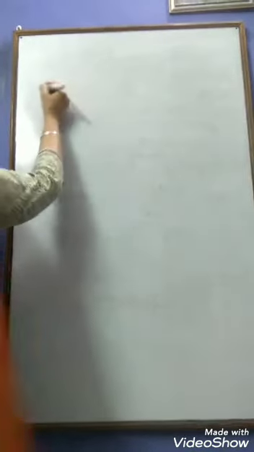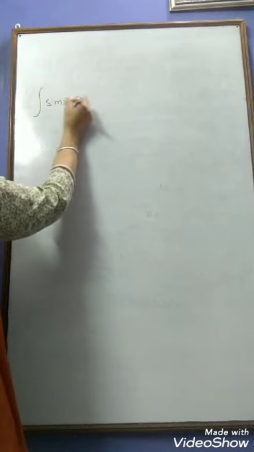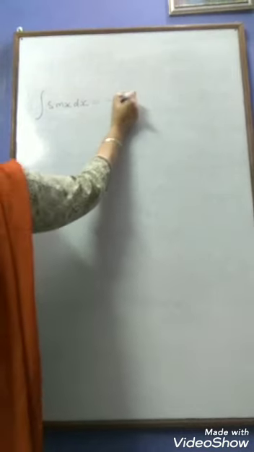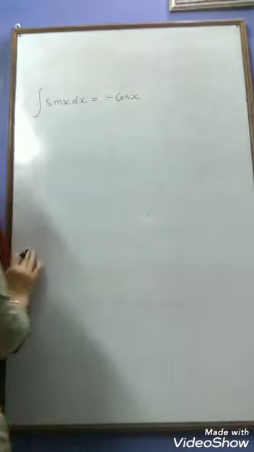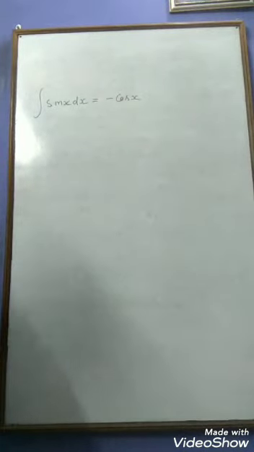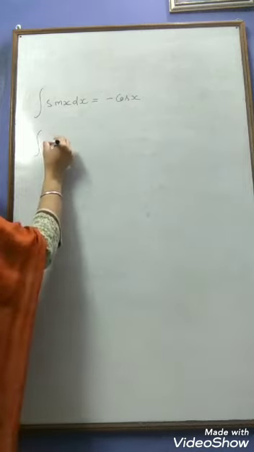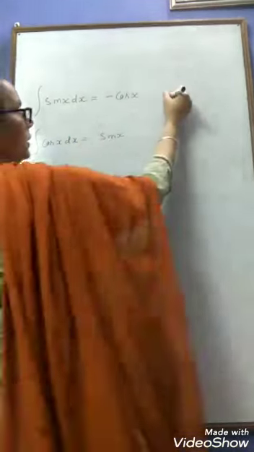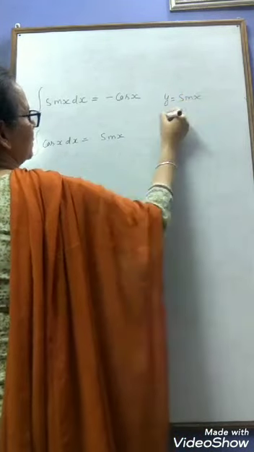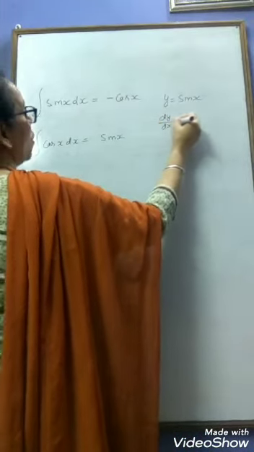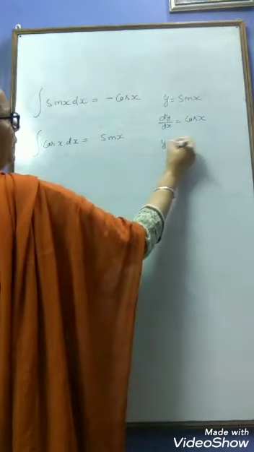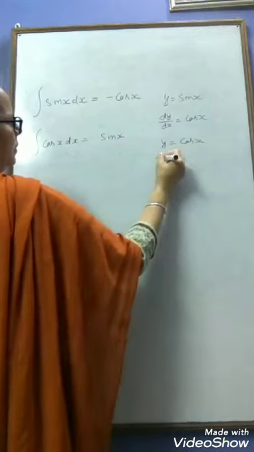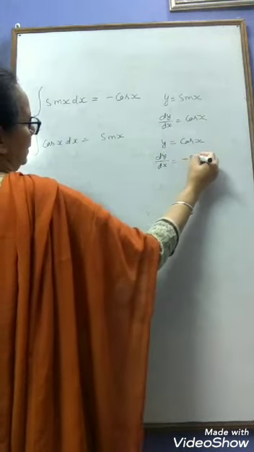Then we have sin x and cos x. Sin x dx gives minus cos x, and cos x dx gives sin x. But the derivative of sin x is cos x and the derivative of cos x is minus sin x.